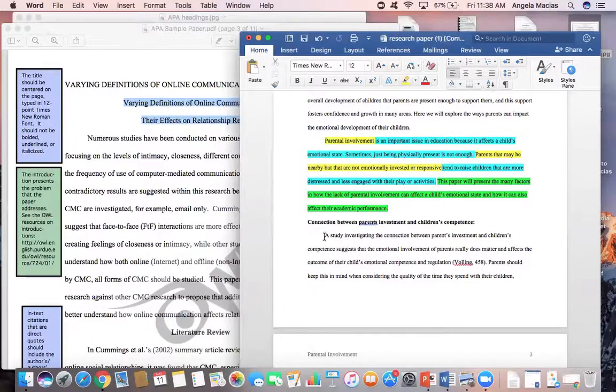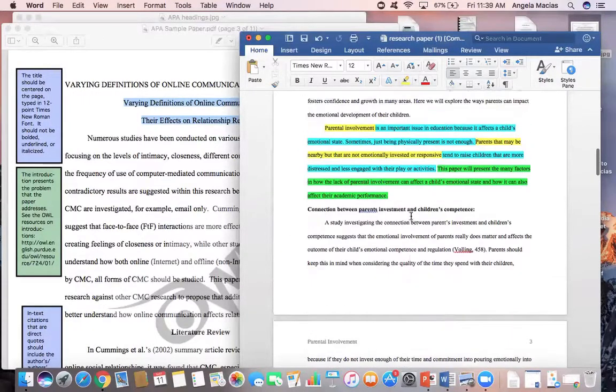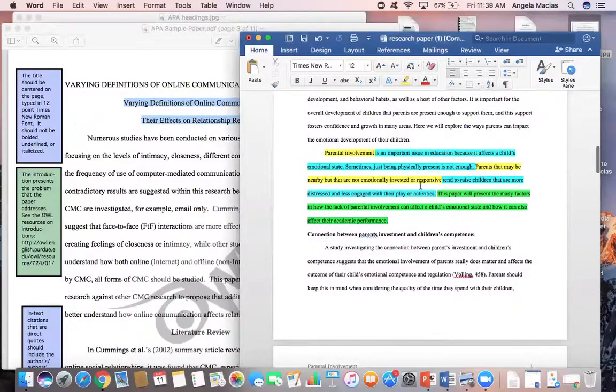Now down here I see a heading, connection between parents' investment and children's competence. So maybe this paper will go on and explain that in detail, but I still think we could fix this so it's not misleading to the reader. Parents that may be nearby but that are not emotionally invested or responsive. So I think what we're saying is sometimes parents are around but not as involved as they should be, or according to what the experts think, right?